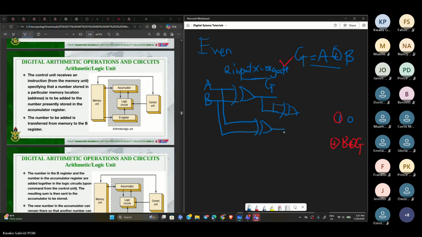So you connect this output to another XOR gate, then that will be your P. That's all. But if the question doesn't demand that you use a 2-input XOR, then you can make the XOR gates just 3 inputs. So you can tap from here, and then tap from B, and then make it a 3-input XOR gate to get your parity checker. That's all. So this is your 2-input generator and then your checker.